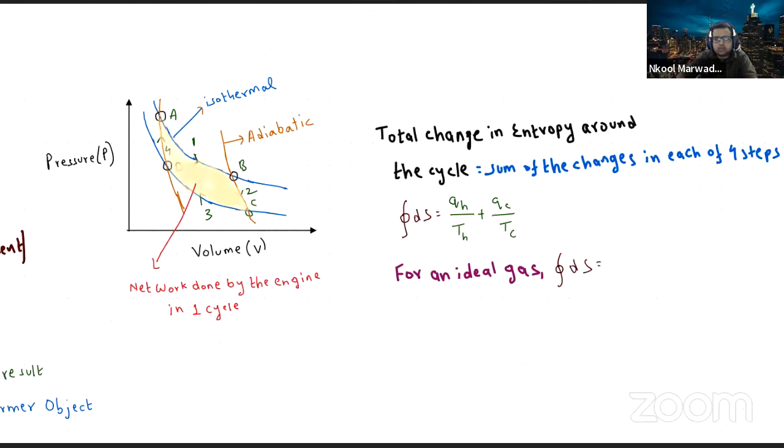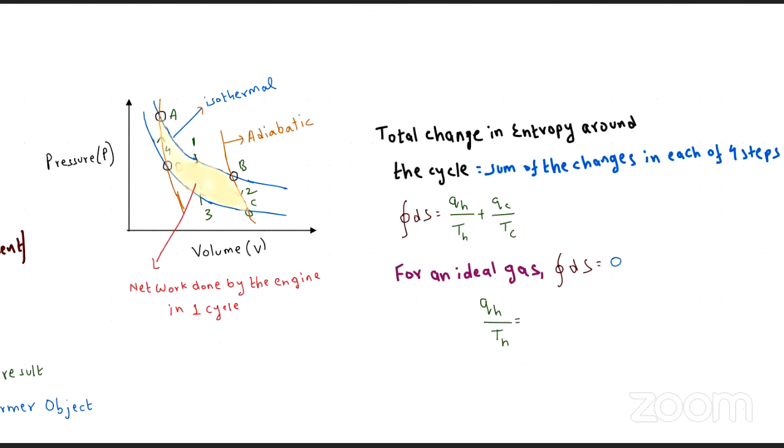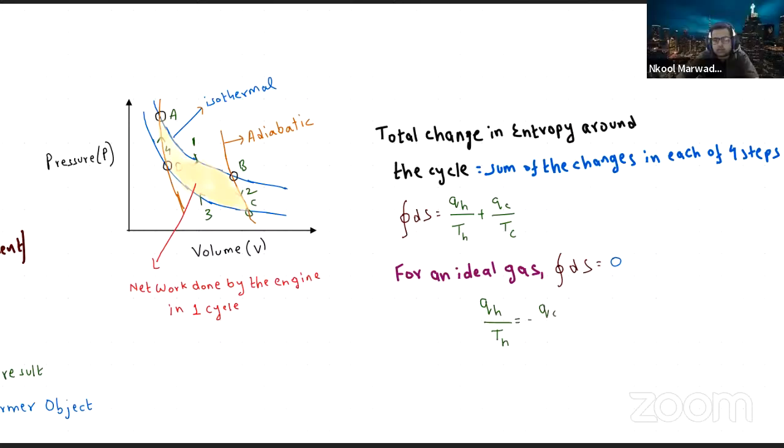It means that for an ideal gas, QH by TH is equal to minus QC by TC. Because their sum is zero, I can write it like this.